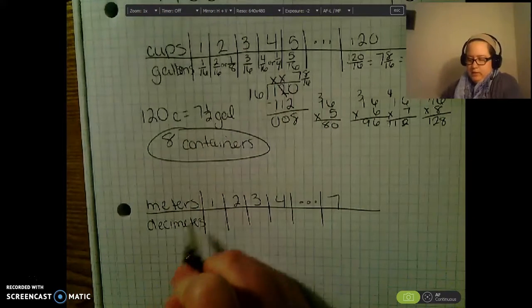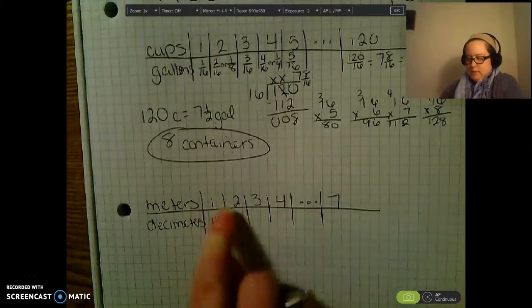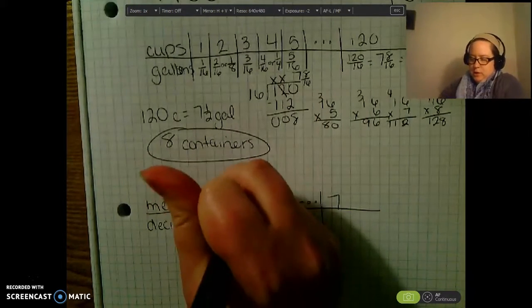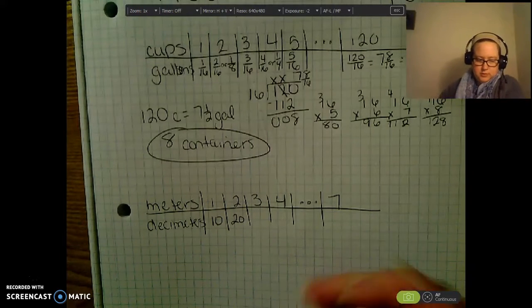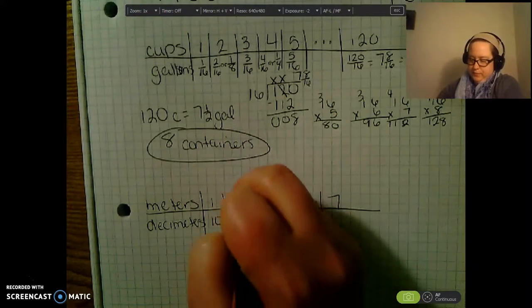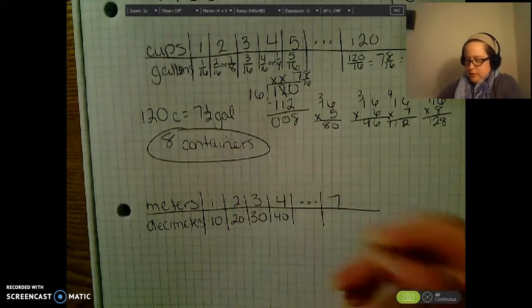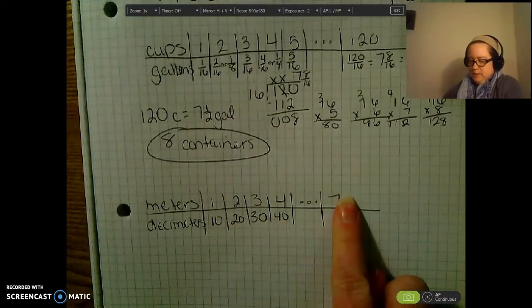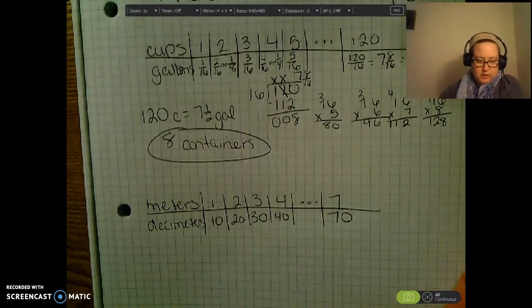So 1 meter equals 10 decimeters. So that means 2 meters equals 20 decimeters. 3 is going to be 30. 4 is going to be 40. So as you can see, we're just multiplying by 10. So 7 times 10 equals 70.